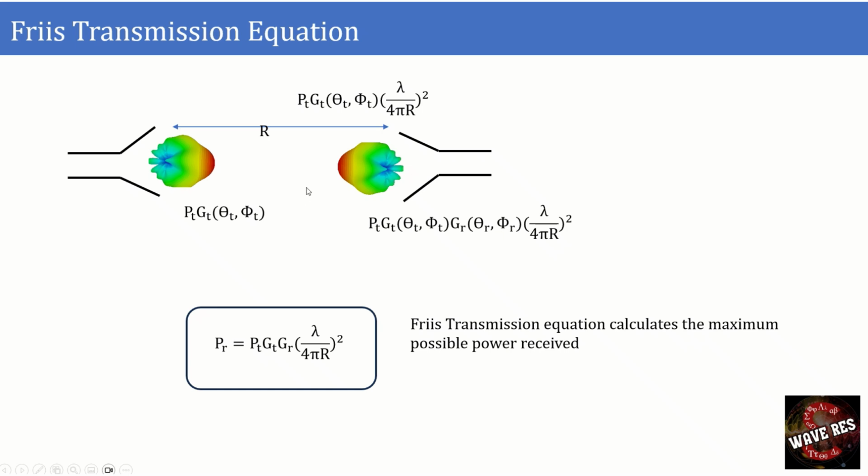This equation gives an indication of the total received power in the receiving antenna with respect to the transmitted power. It has great importance in two-way antenna communication and forms the basis of link budget calculations. We will see what is meant by link budget in our upcoming videos.